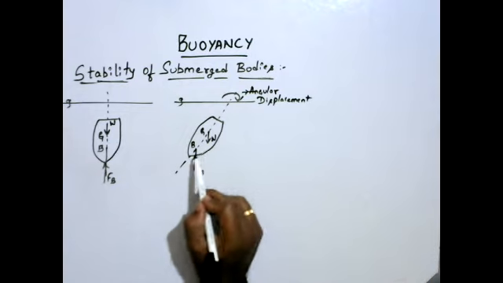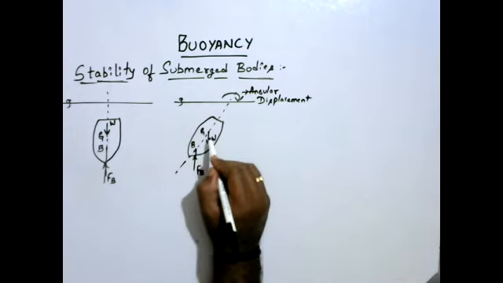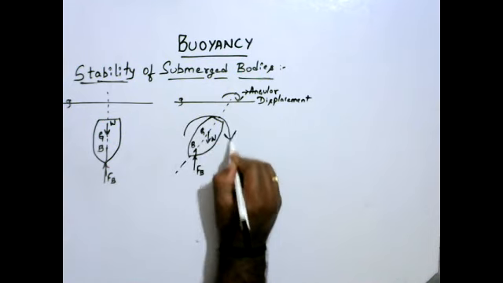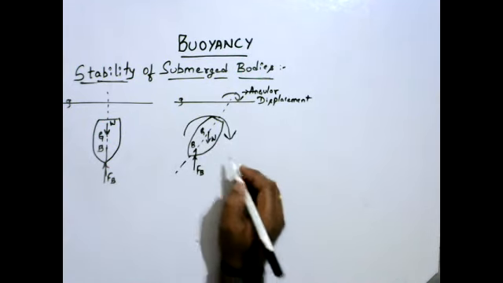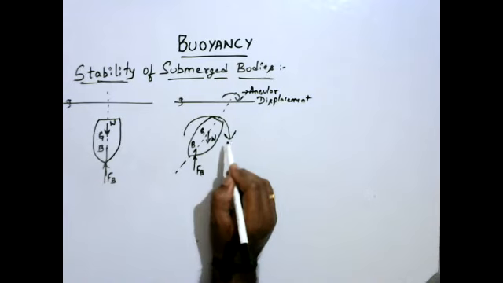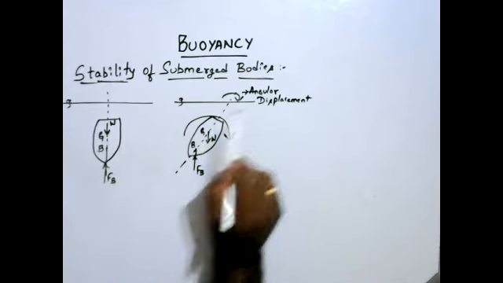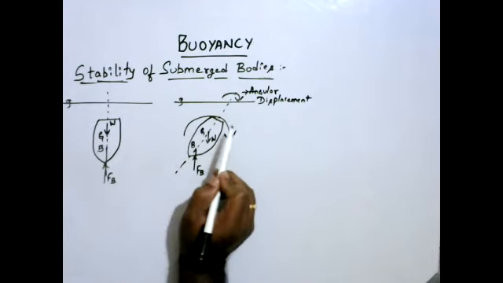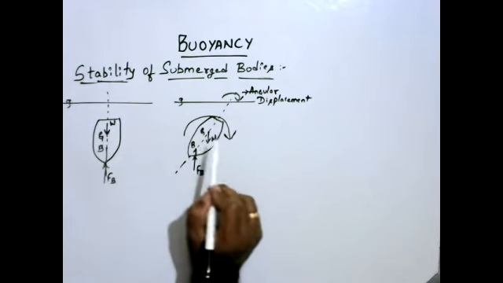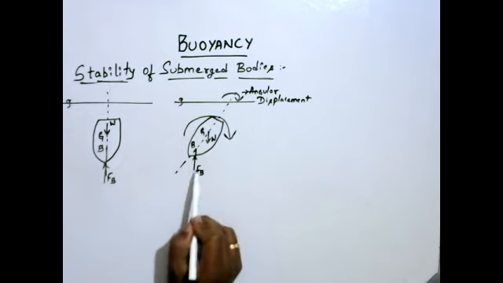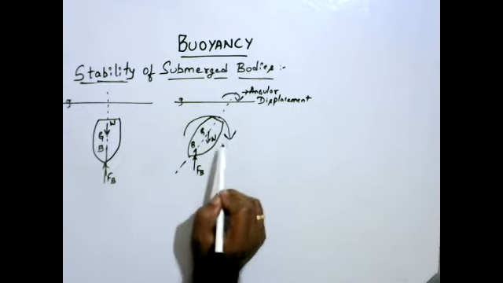Due to this, they will form a couple. Now, you can see the direction of the couple. This will also rotate in the clockwise direction. Since we already gave the angular displacement in the clockwise direction, this body will never come back to its original position, because the couple developed due to the weight as well as the buoyant force is also in the same direction.